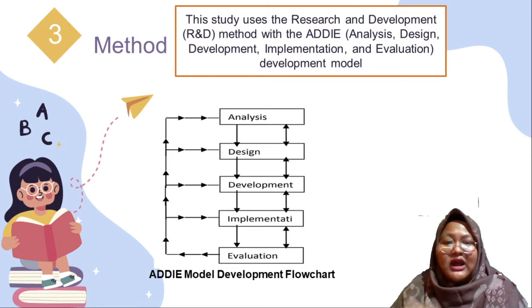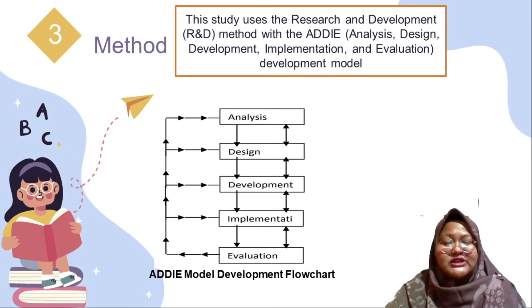Then, the output of the design stage is used as input at the development stage. At the development stage, the script that has been created is converted into a product that is ready to be implemented, which is a program containing text, audio, images, and animation.